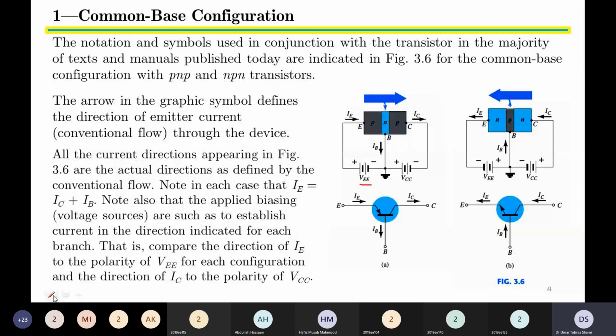Either we can study in terms of conventional current or we can study in terms of electronic current. So to keep things simple and to keep things aligned with our textbook, we are studying now in terms of conventional current. But if there is an article which can be explained much easily with the help of electronic current, I will declare that I am going to teach in terms of electronic current.